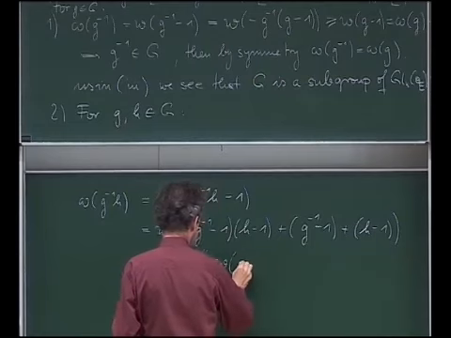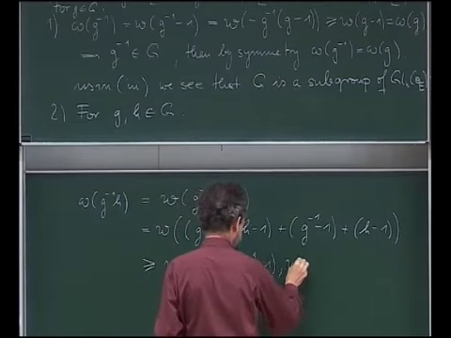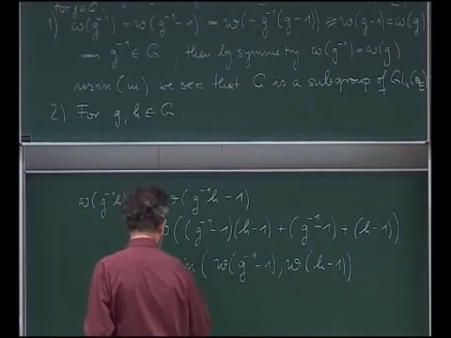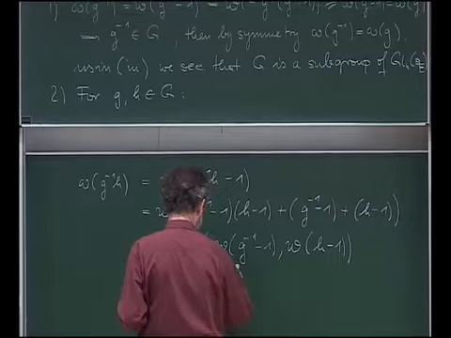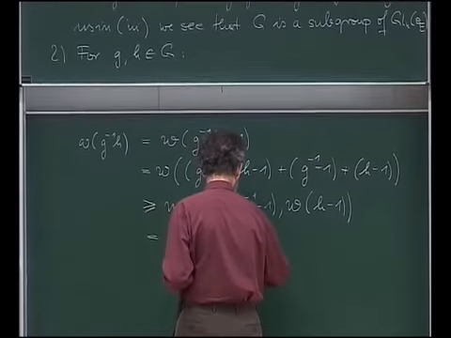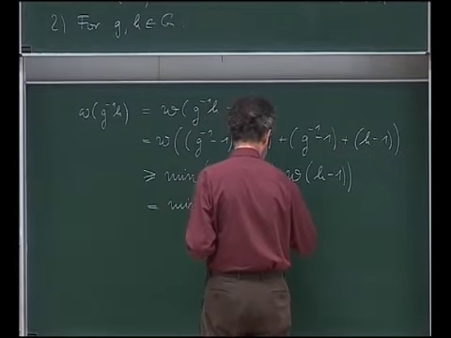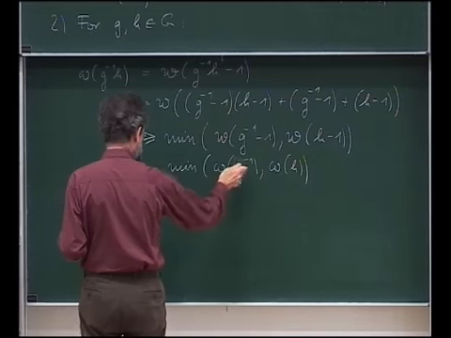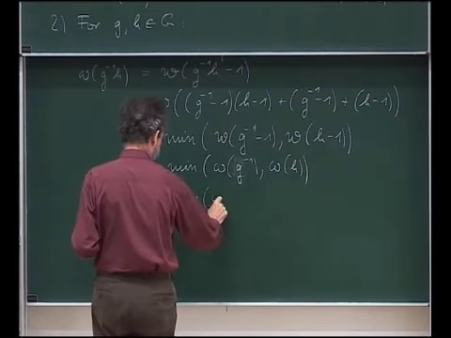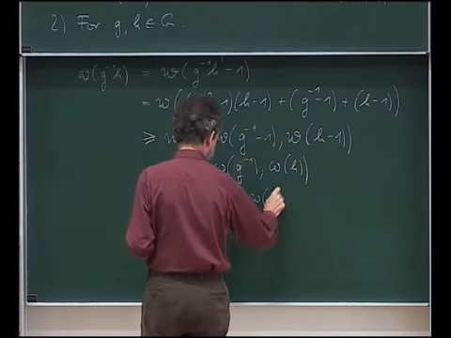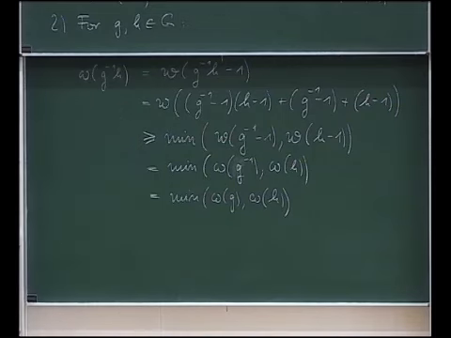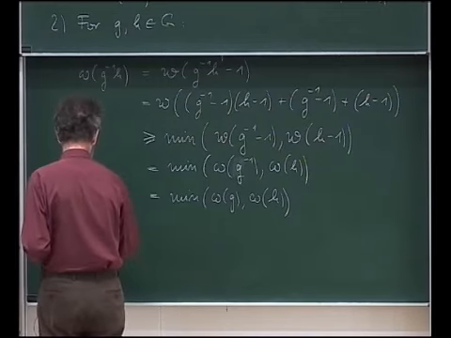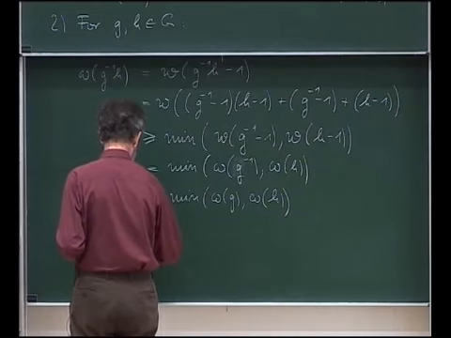And then using these two rules here, I see that this is bigger or equal to the minimum of W of g minus 1 and W of h minus 1, which is by definition the minimum of omega of g and omega of h. But we know already that this makes no difference here.